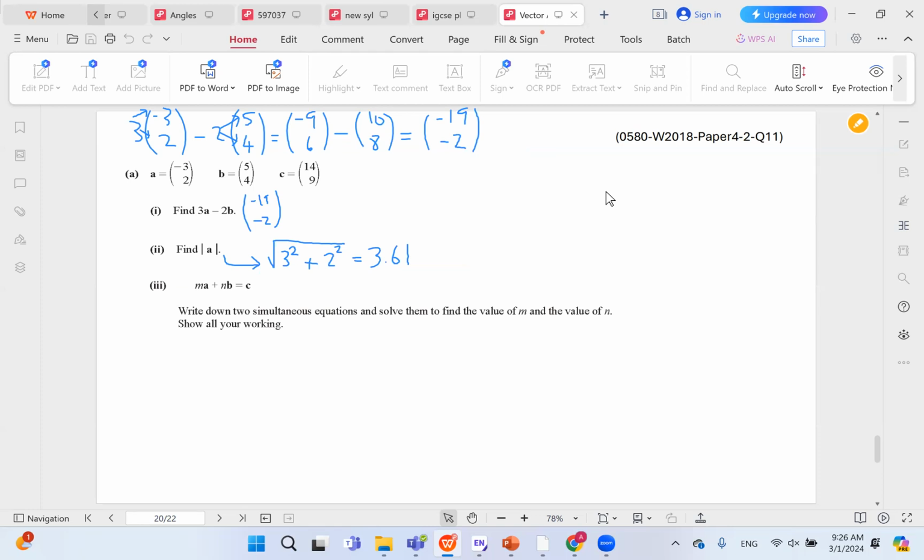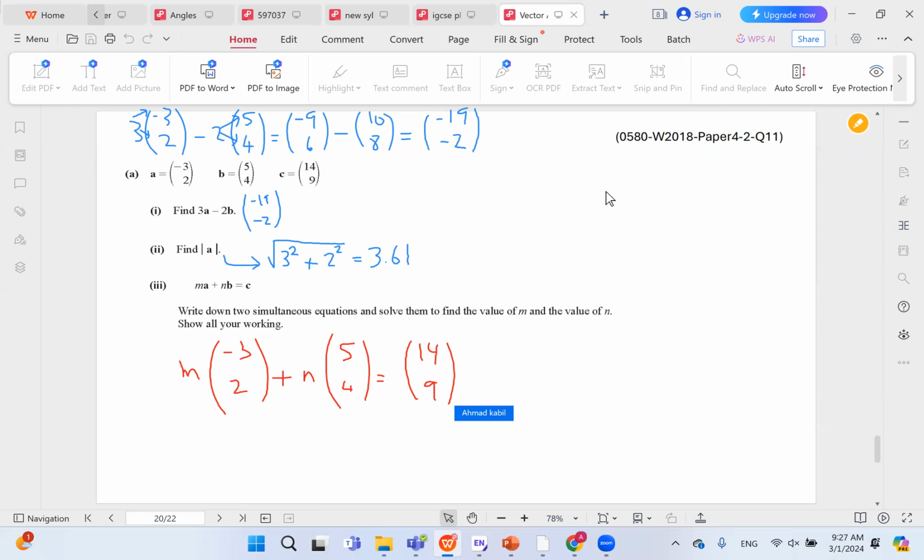In triple I, we are told ma plus nb equals c. Write down 2 simultaneous equations and solve them to find the value of m and the value of n. So let's try this out. m multiplied by (-3, 2), plus n multiplied by (5, 4), gives us c, which is (14, 9).